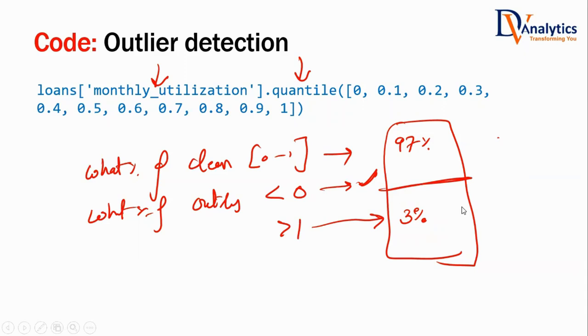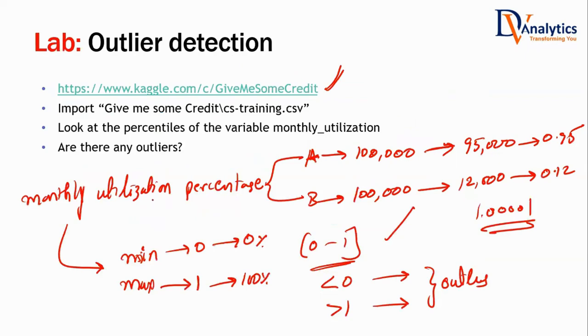Sir, I have a question. Yeah, please go ahead. This data which is coming, is it in percentage or is it a value? How will we know that? It depends on the variable. Which variable is this? Monthly utilization percentage, right? Without seeing the data, how will we know?